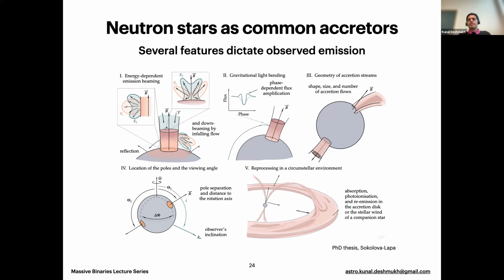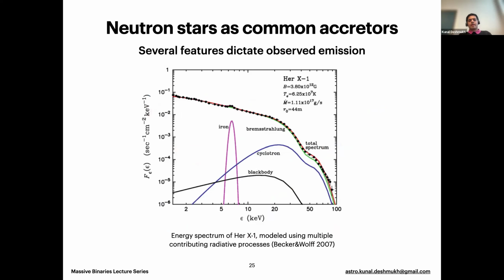If we look at the spectrum, this is an example spectrum of Hercules X-1, where on the x-axis we have the energy, which is a proxy for wavelength or frequency, and on the y-axis we have the intensity. What we see is the X-ray spectrum is not a very simple black body, right? It has many different components contributing, some stronger than others.